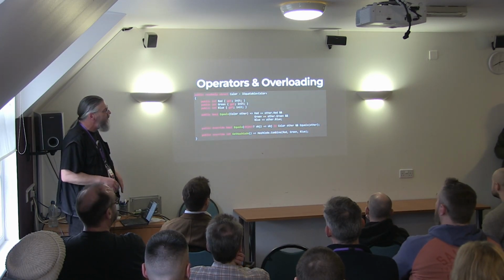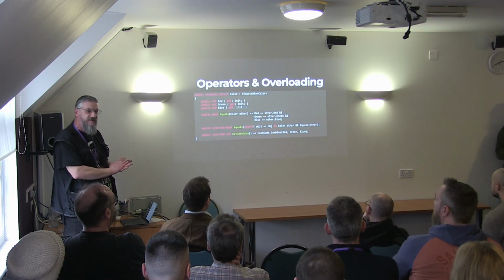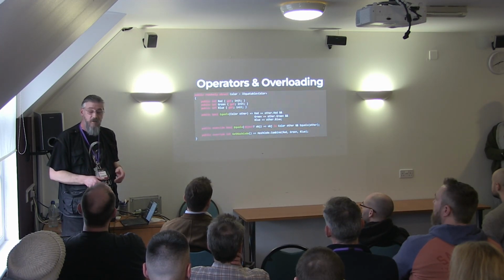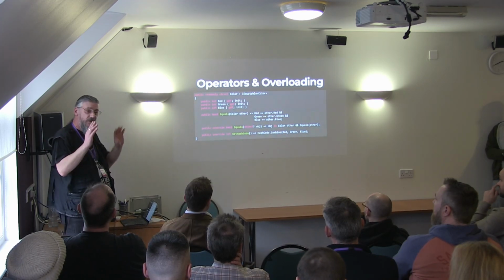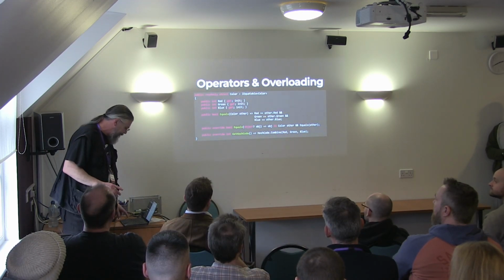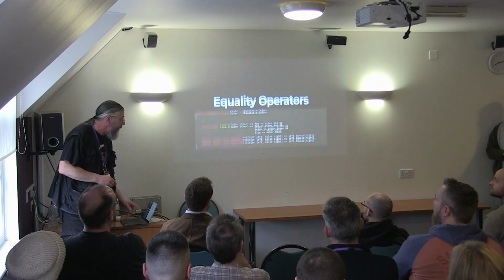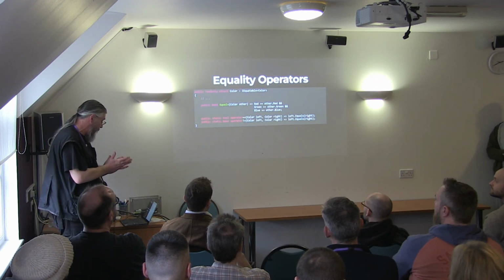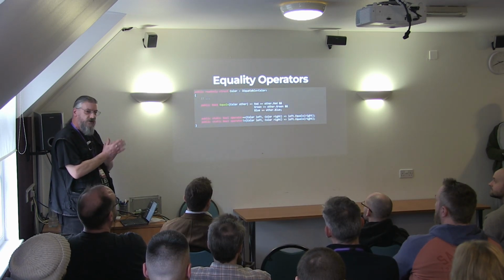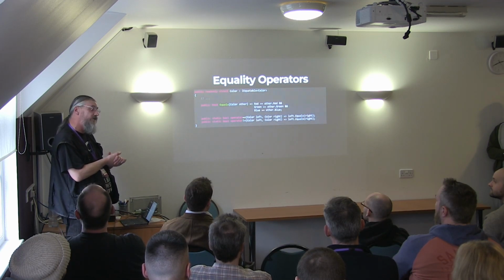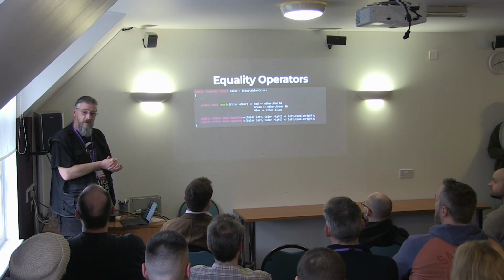There's this idea that GetHashCode and equals being defined on the object as the base class of everything is a language design problem. I think it is, but we're not going to go into that either. What we can also do is overload the equality operators, equals equals and not equals. So one of the things about C# is if you overload one of those, you have to write the other.